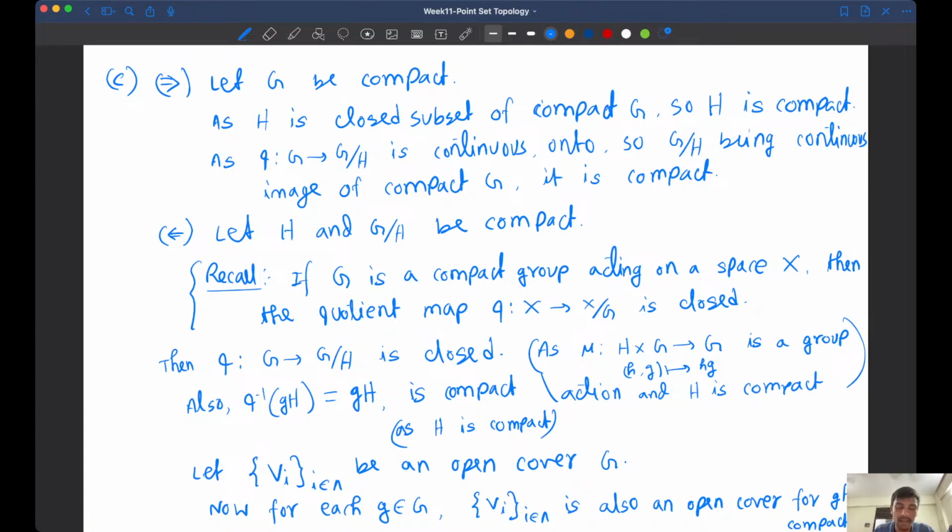That means I have a finite collection of these V_i that covers this small gH, right?